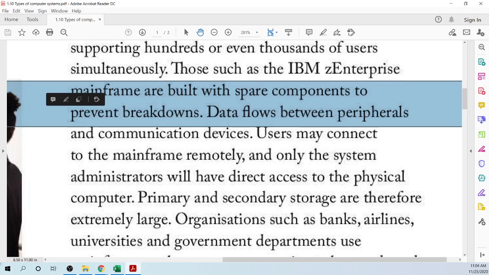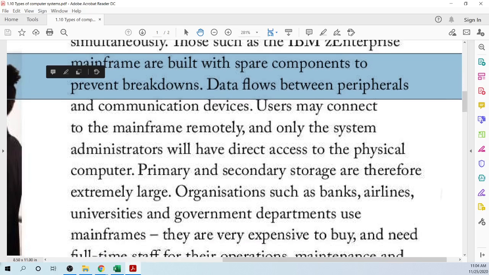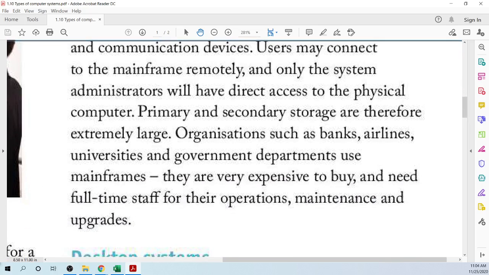Users may not be connected to the mainframe remotely, and only system administrators will have direct access to the physical computer. Primary and secondary storage are therefore extremely large. Organizations such as banks, airlines, universities and government departments use mainframes. They are very expensive to buy, and they need full-time staff for their operations, maintenance, and upgrades.